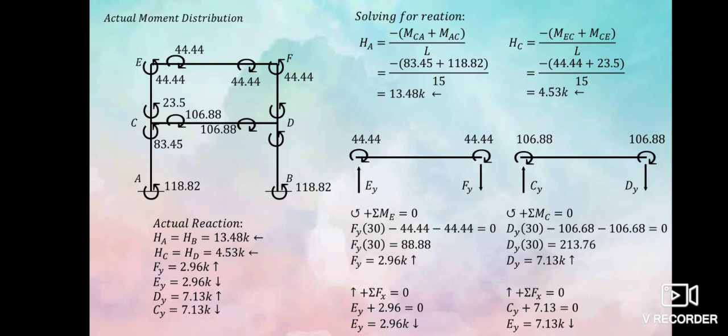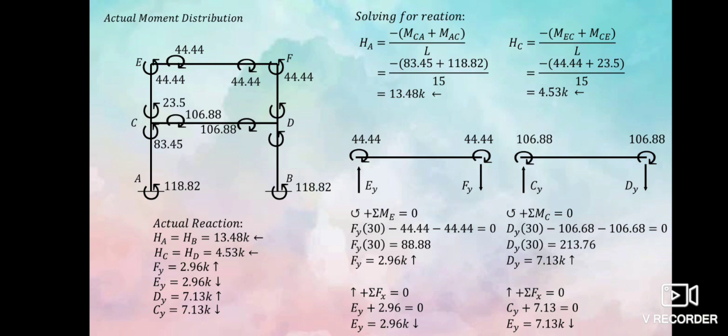On the next right part, all forces acting counterclockwise are positive. Summation of moment C equals 0. So Dy times the length of 30 minus 0.6, as you can see right above. Your answer will be Dy equal to 7.13k going upwards.